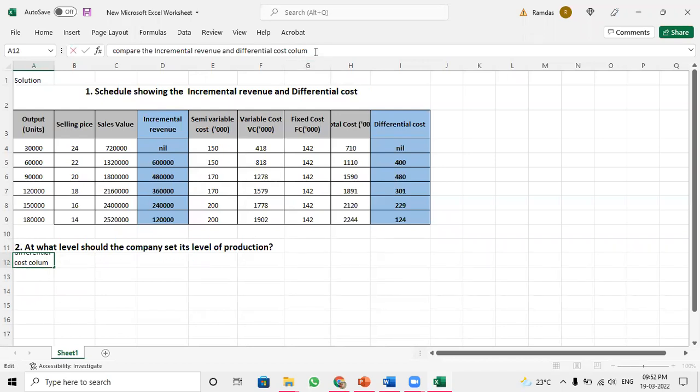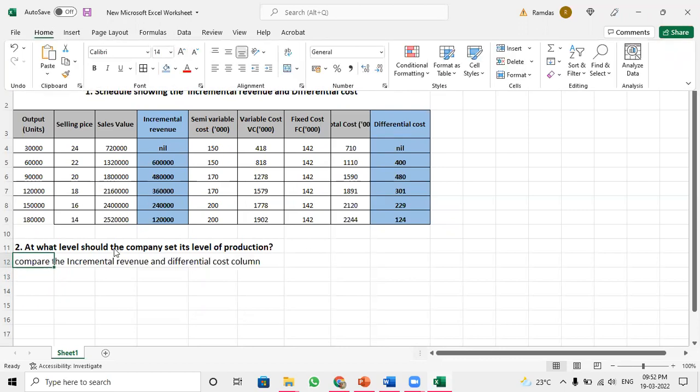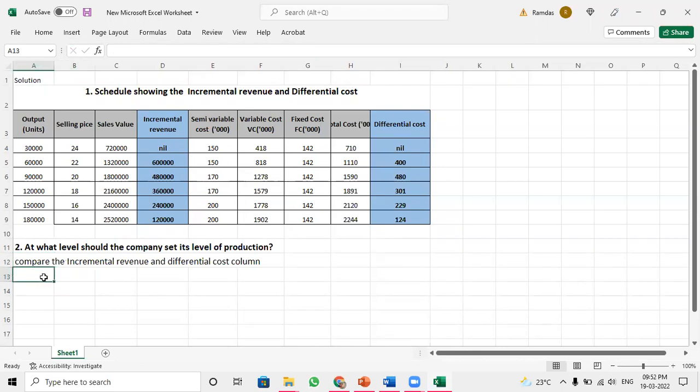While comparing them, what are you looking for? It is advisable for the company to accept the level of activity where the incremental revenue is greater than the differential cost.